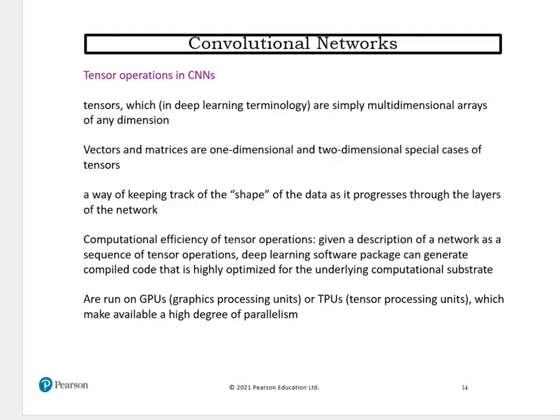So for convolutional neural networks, tensors are a way of keeping track of the shape of the data as it propagates through the layers of the network, through the dimensions of the tensors, essentially. This is important because the whole notion of convolution depends on the idea of adjacency. So adjacent data elements are assumed to be related somehow.